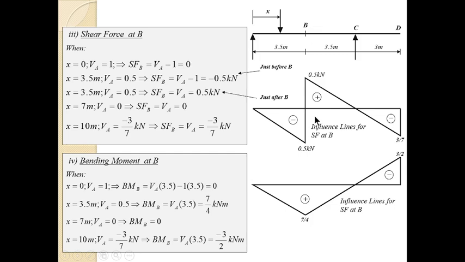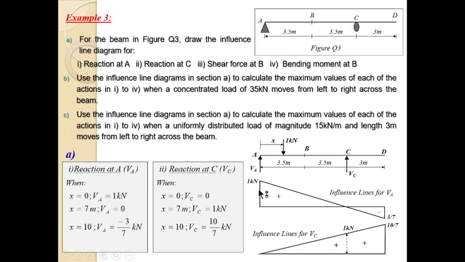For us to know that, let's start with reaction at A. This is the influence line for reaction at A. So when a 35 kilonewton load is moving across, all you do is look at the influence line. Where will you place a 35 kilonewton load such that when you multiply by the coordinate, it will give you the maximum value?